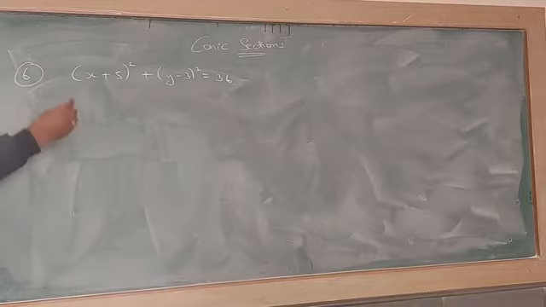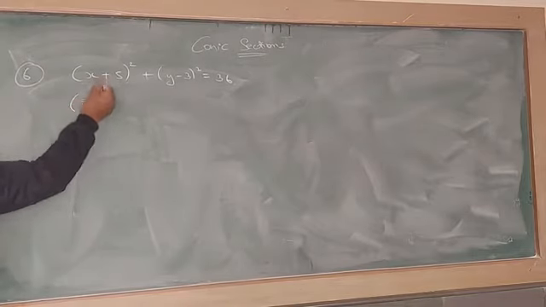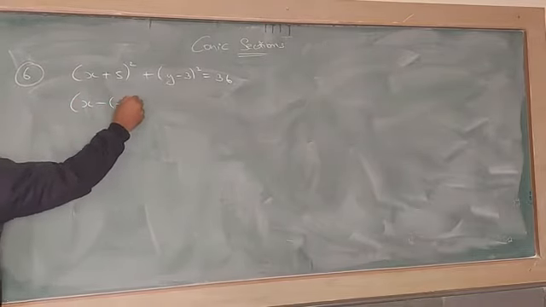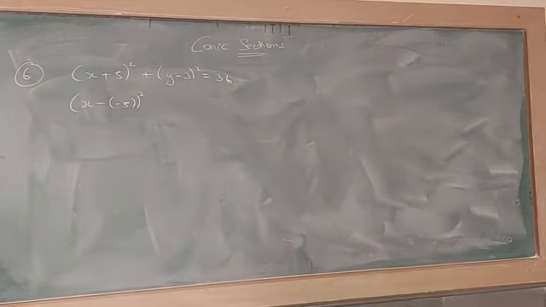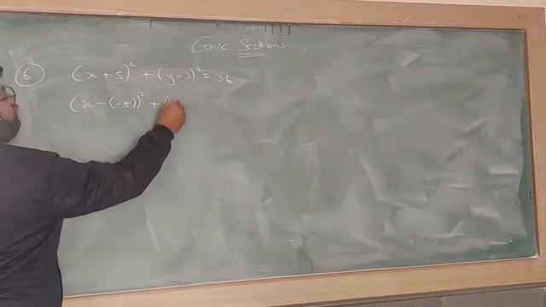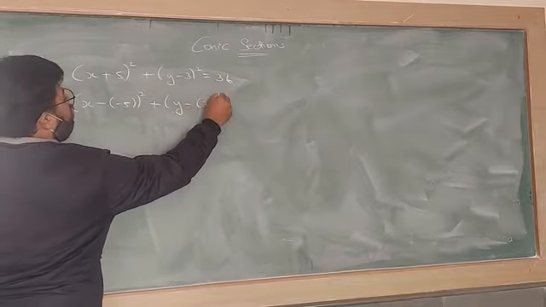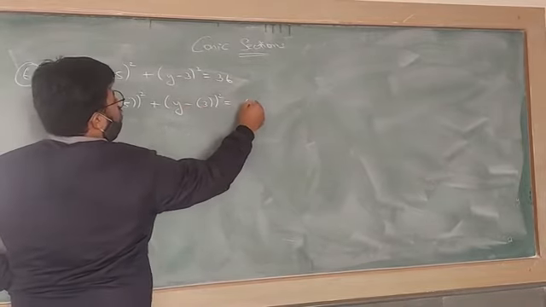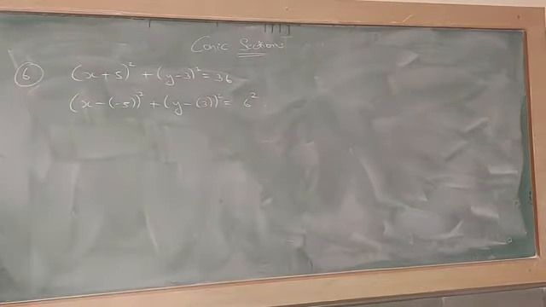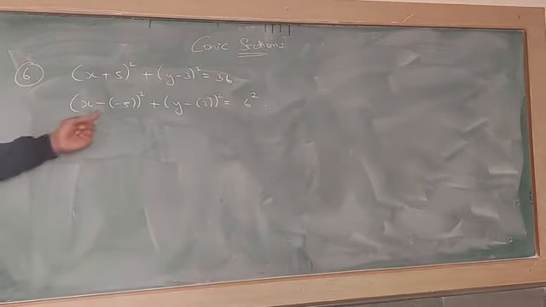We can rewrite the equation like this: (x minus h) whole square, we all know this is the formula, plus (y minus k) whole square equals to r square. So what is the center here? Center is what? These are the centers.